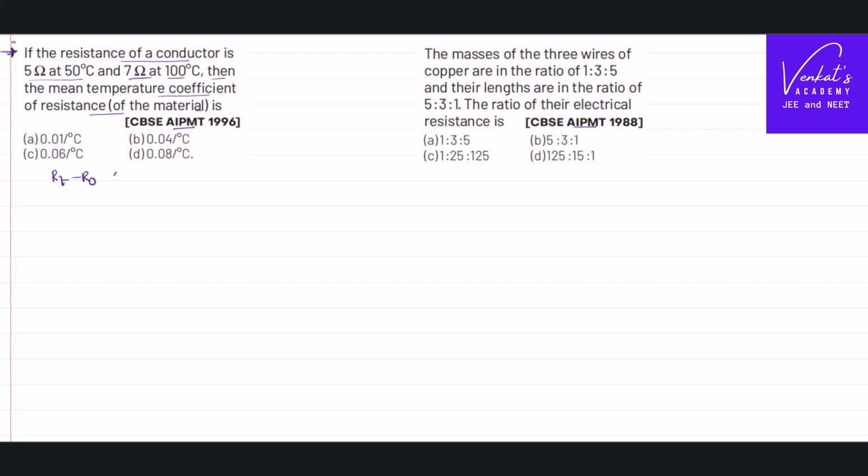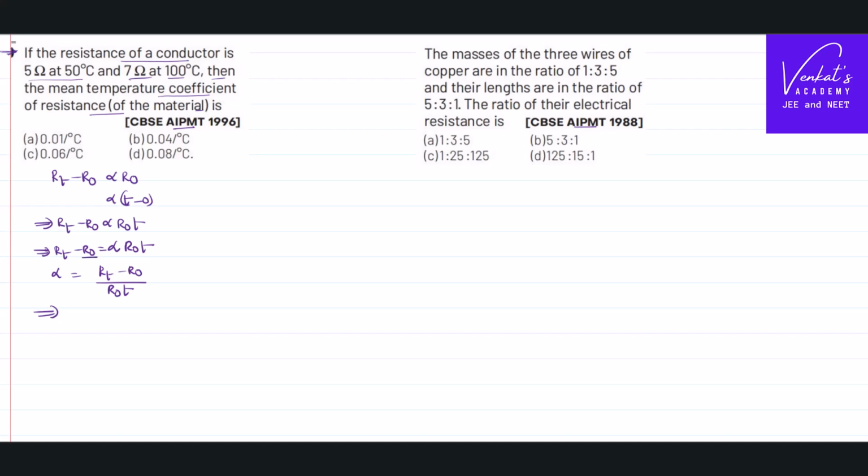the variation of the resistance with temperature is directly proportional to the initial resistance at 0 and also directly proportional to the temperature difference. So R_T minus R_0 is directly proportional to R_0 into T. We can eliminate that proportionality with a constant called the temperature coefficient of resistance, alpha: R_T minus R_0 equals alpha R_0 T, where alpha is a measure of how the resistance varies with respect to temperature.